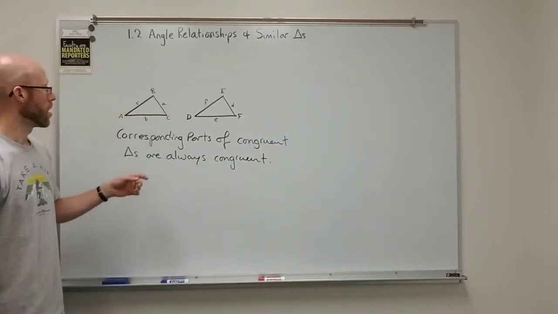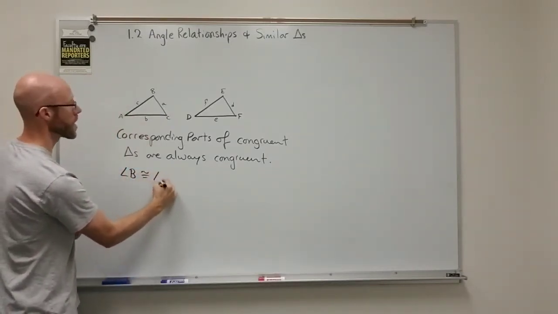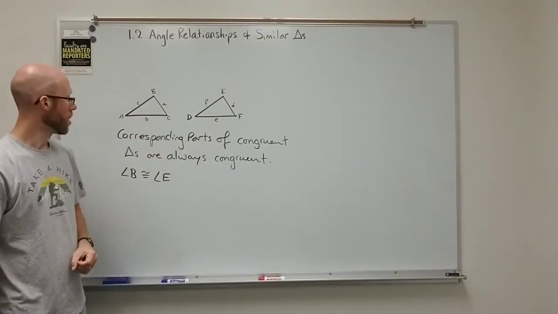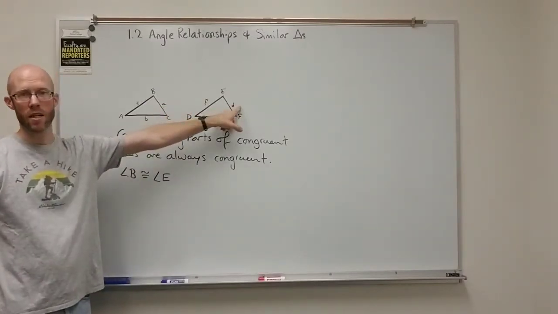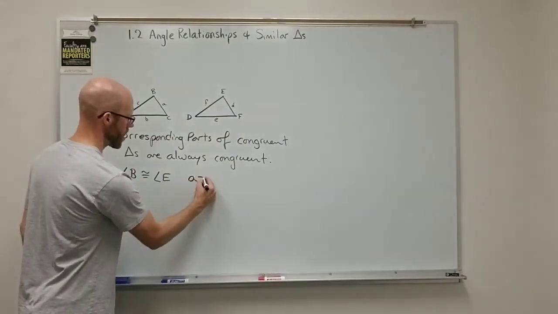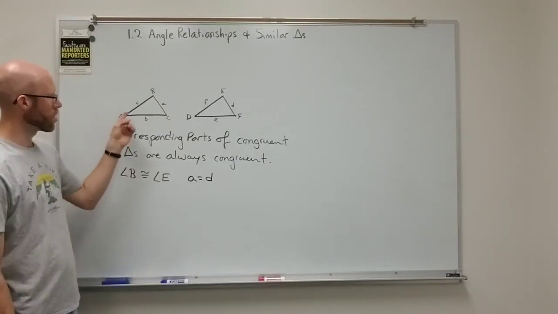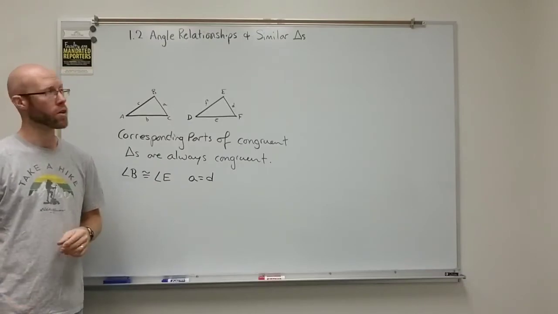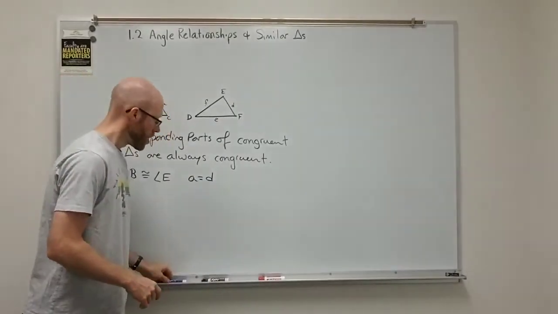Okay, so for instance, angle B is congruent to angle E. Okay, those are the corresponding parts. Side A and side D are congruent. We'd just say they're equal in length. Okay, so A is equal to D. So all the corresponding angles, all the corresponding sides would be congruent or equal in congruent triangles.